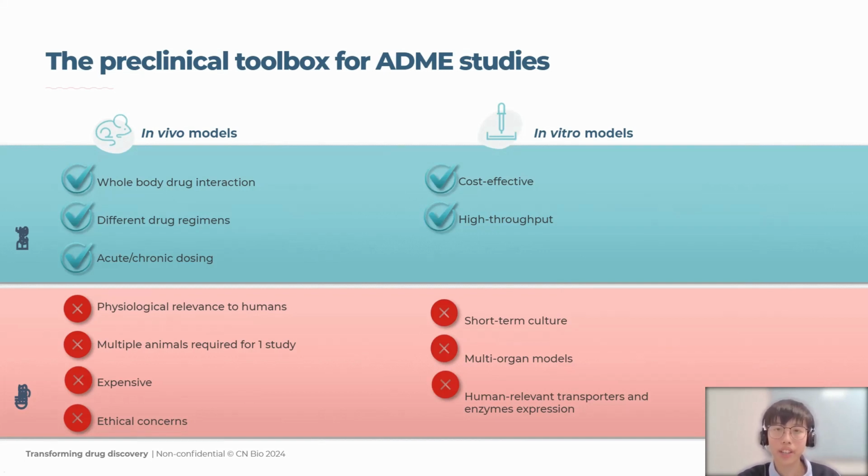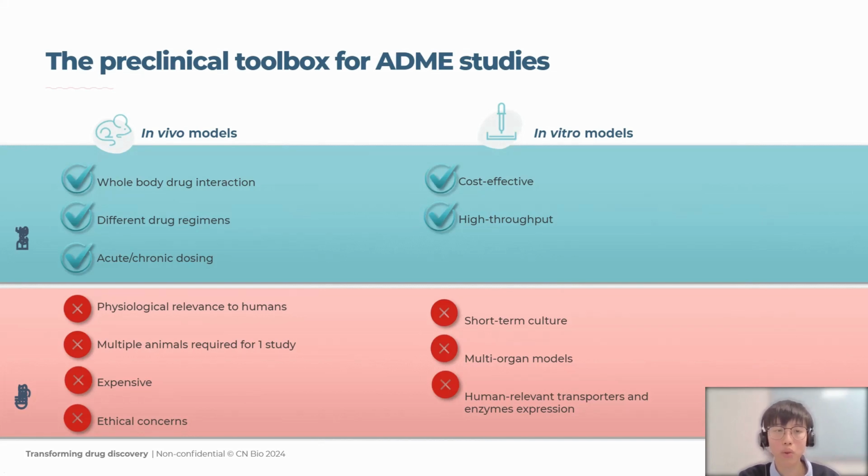One of the most significant limitations with regards to in vitro models is that most cell lines have a very low expression of human-relevant transporters and enzymes, which makes it particularly challenging if we want to use an in vitro approach to measure the ADME profile of a drug.